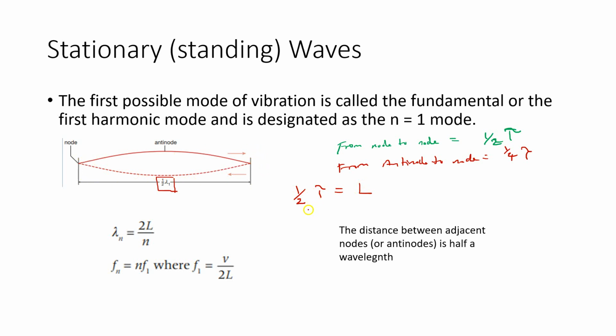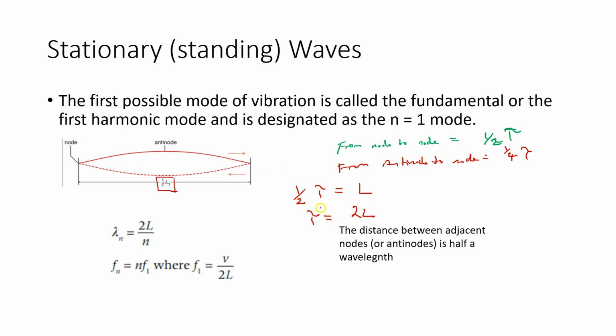So for me to find my wavelength when I have node to node, all I would do here is transpose for wavelength. So wavelength is going to become 2L. What that tells me is that for me to have a complete wavelength, the length of the string must be doubled in order to get the entire wavelength of the wave that is being formed.